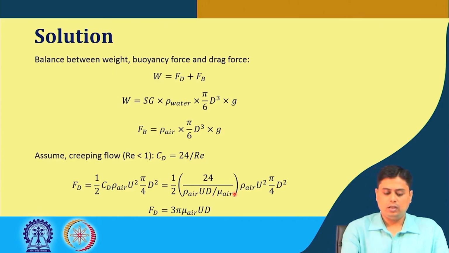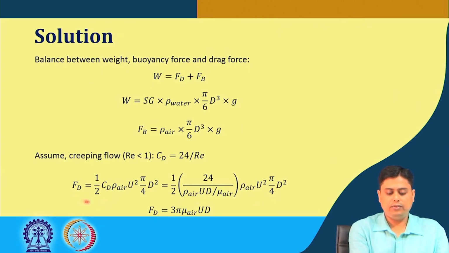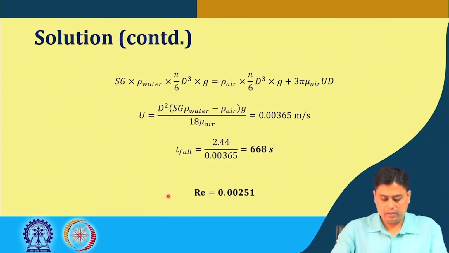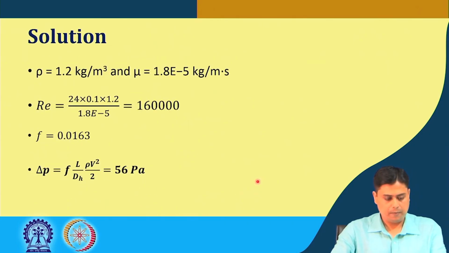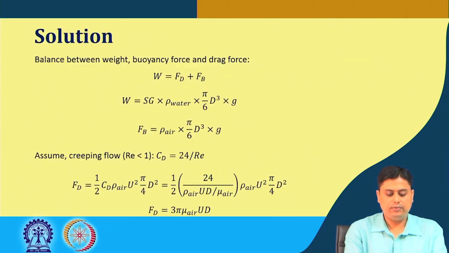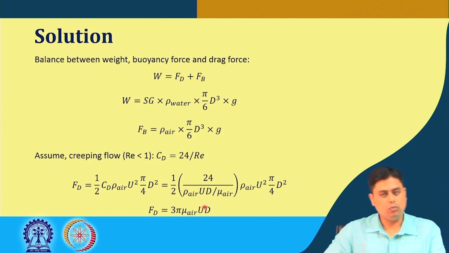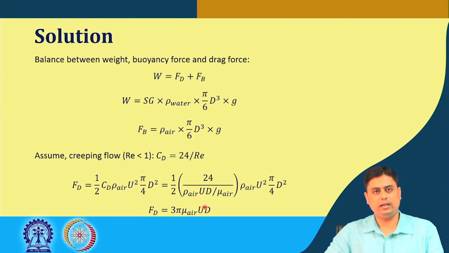Then after resolving this parameter, we can see that FD is 3 pi mu u multiplied by d, where mu is the viscosity of air and d is the diameter of the spherical object.